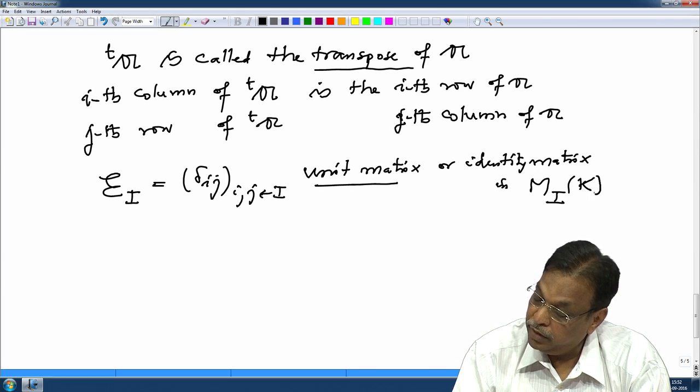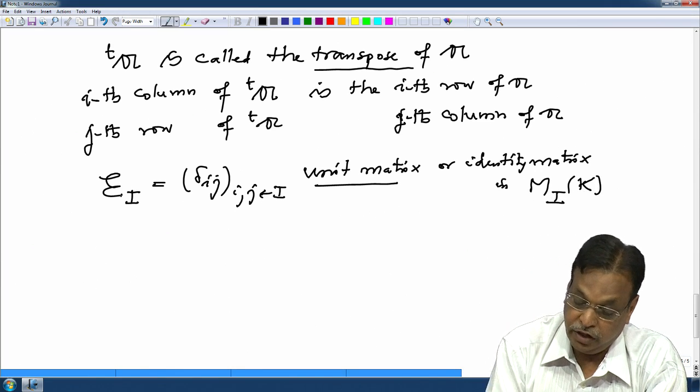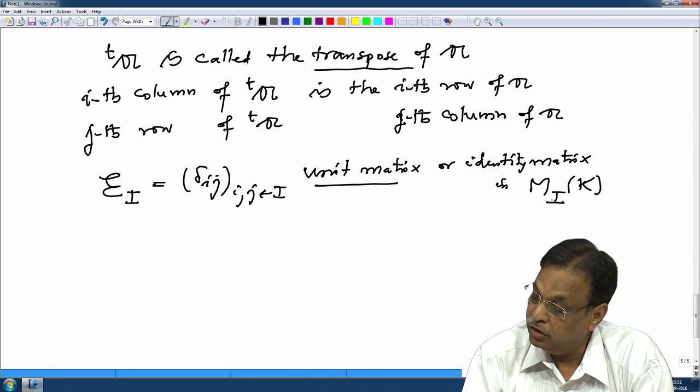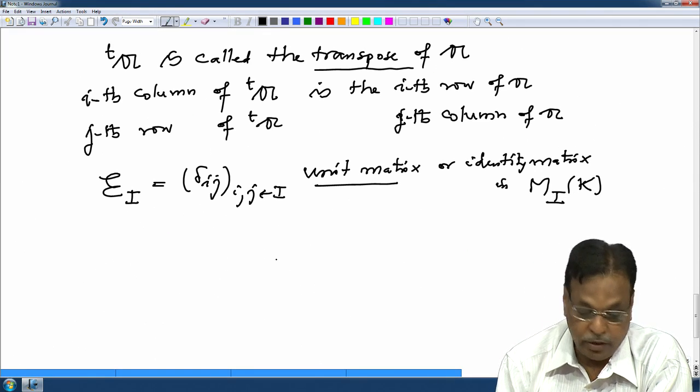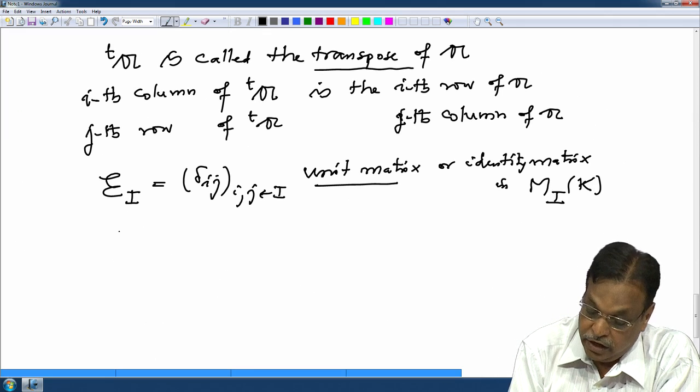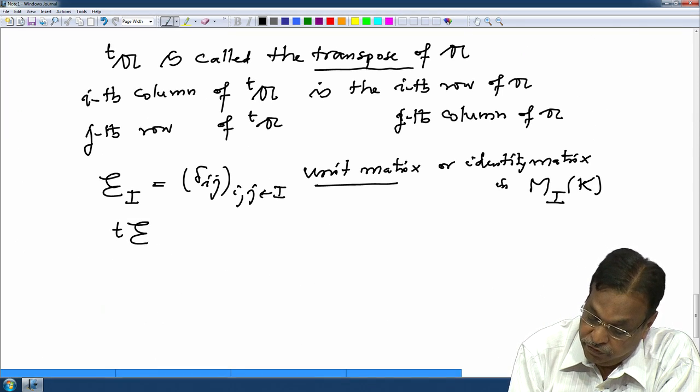We have seen that M_I(K) is a K algebra, and this identity matrix is the identity in this K algebra with respect to the multiplication of matrices, and the transpose of this unit matrix is itself.